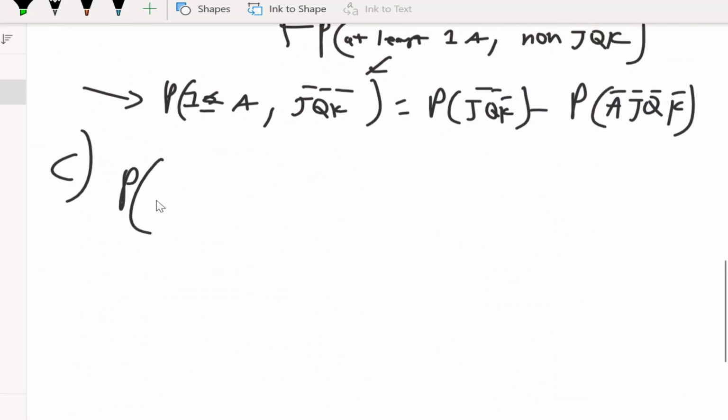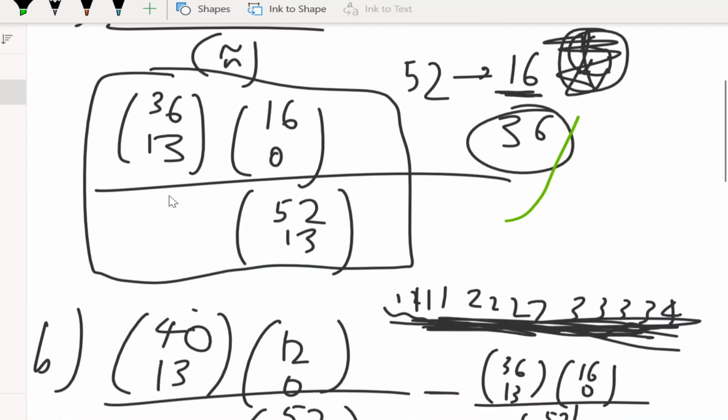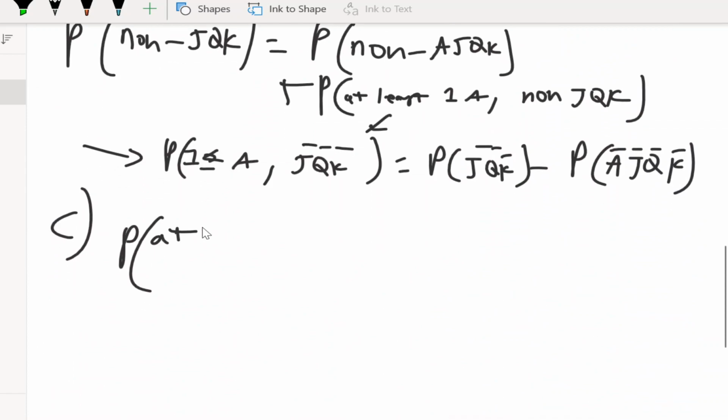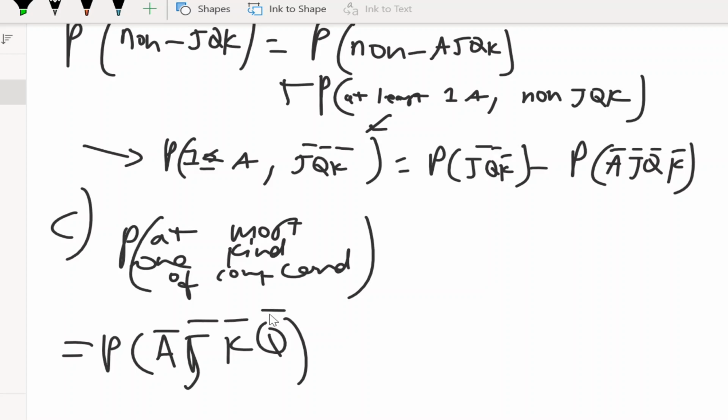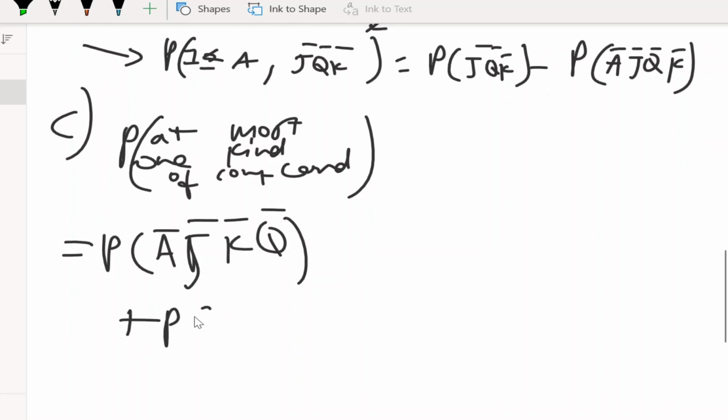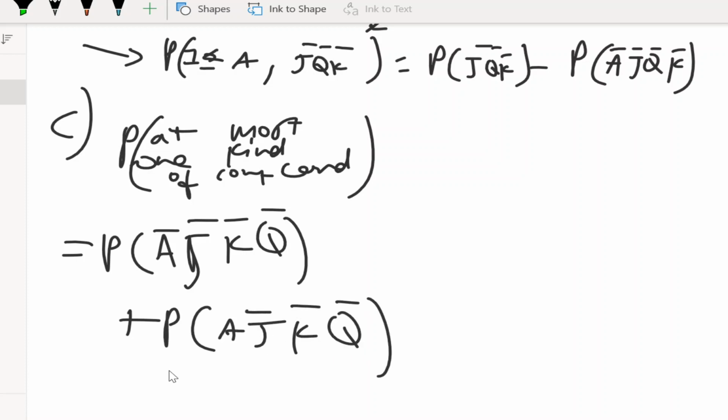So probability at most one kind of court card is equal to P of none of them, plus P of just aces allowed.